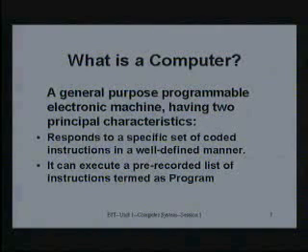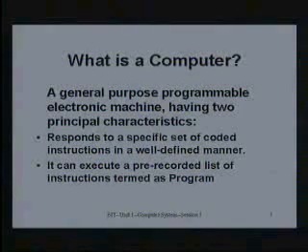So how is this possible? There should be something by which it should be possible, and once again in the slide we have for you: it responds to a specific set of coded instructions in a well-defined manner. That means here is a machine which responds to a given set of well-defined coded instructions which come to a computer, and some kind of responses are attained out of that machine.